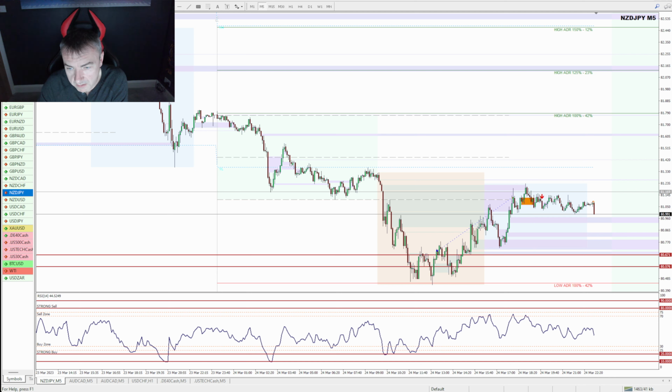So there's a 135 pip move to the downside or more, and then we wait for a reversal alert, which would have triggered there, and then we take a quick scalp out of the market. As you can see, the move here is 41 pips, which is just over a quarter of an ADR.